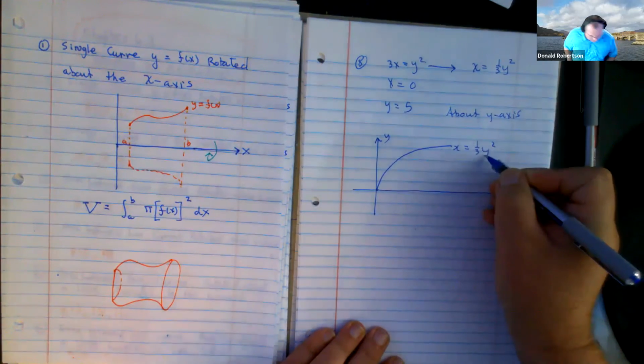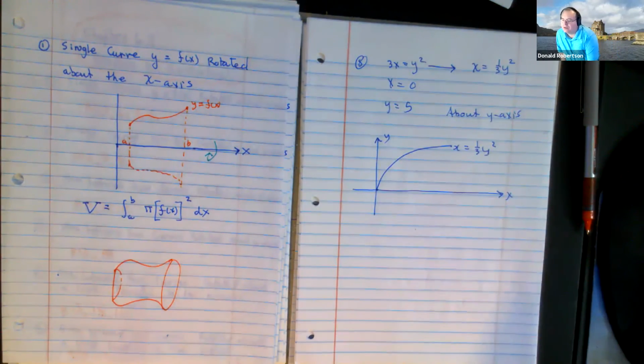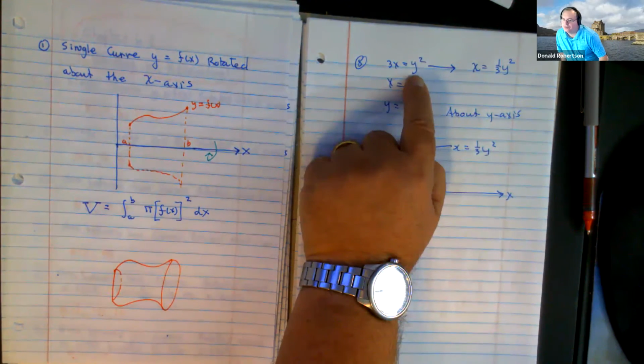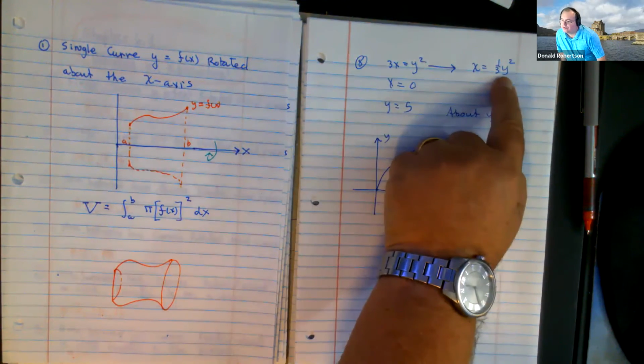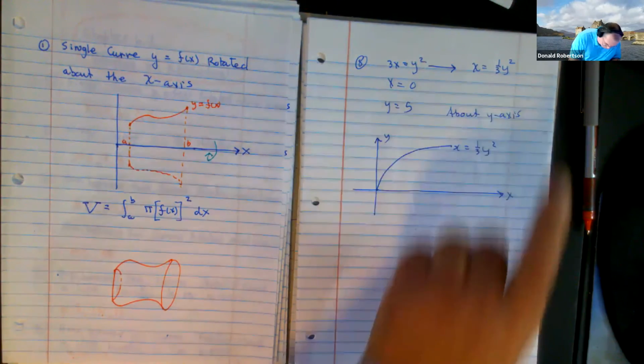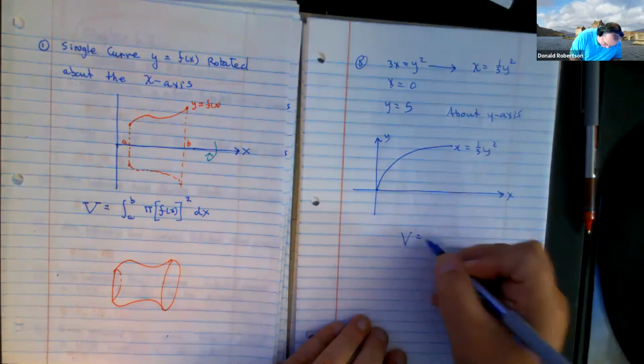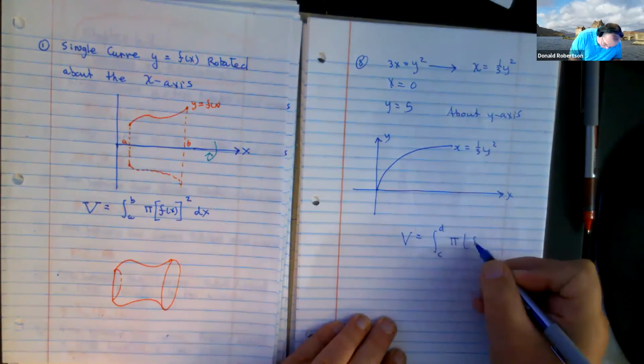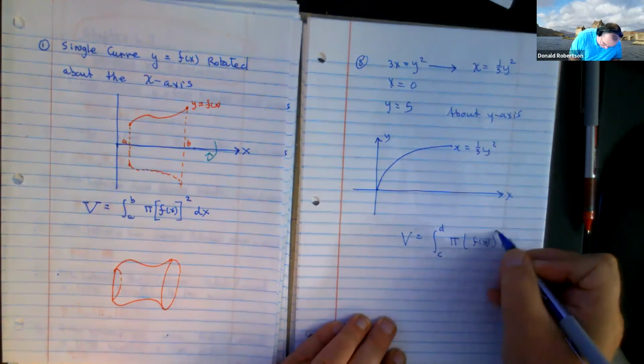When we use our formula, don't we need an f of y? And if I did this version, isn't there a chance that you might mistakenly put y squared when you really need to put 1/3 y squared? You see, that's my reason. So when you do the formula, it's the integral from c to d pi f of y squared dy.